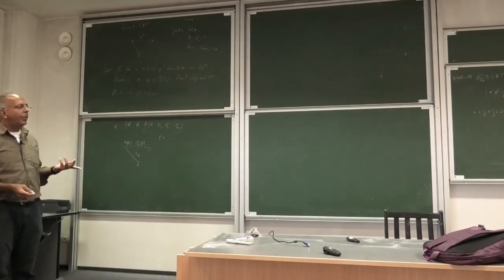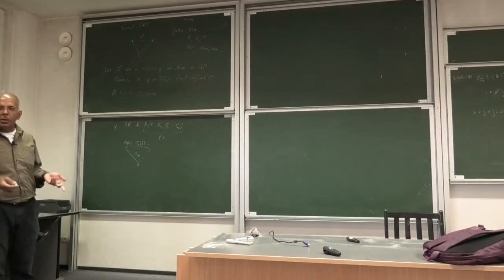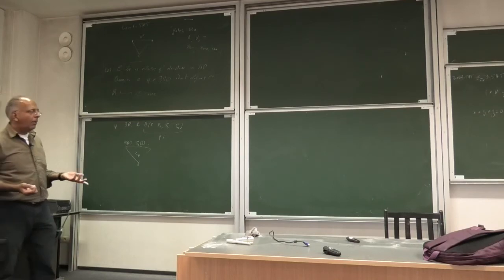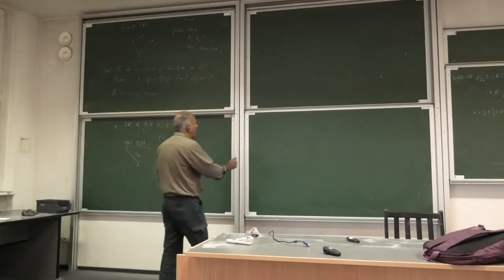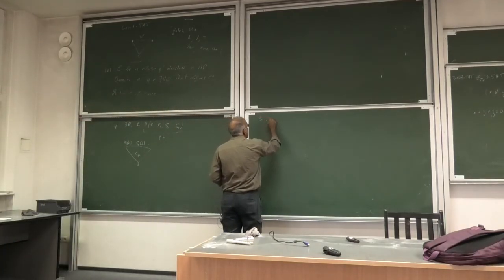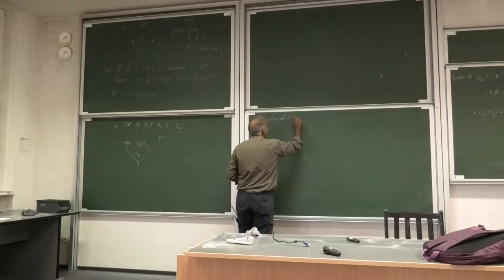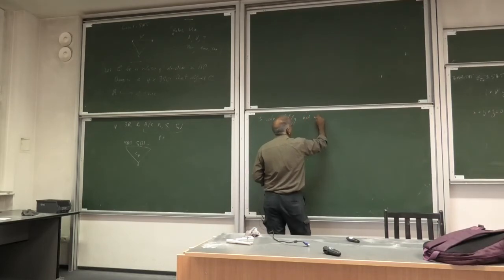The first proof that 3-colorability is not doable, let's say in FPC, or that it has unbounded counting width.